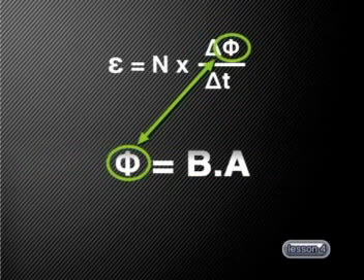Remember that the magnetic flux phi is equal to the product of the magnetic field B and the cross-sectional area A through which the field passes. This equation can be used to calculate the magnitude of the EMF induced in a coil. I want you to use the equation to solve the problem in your task for today.